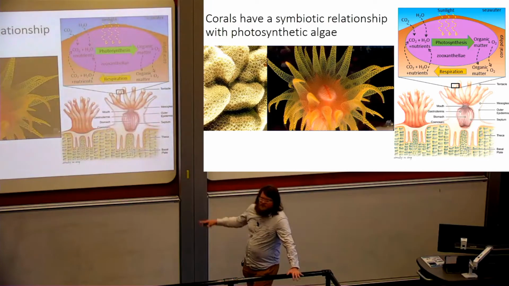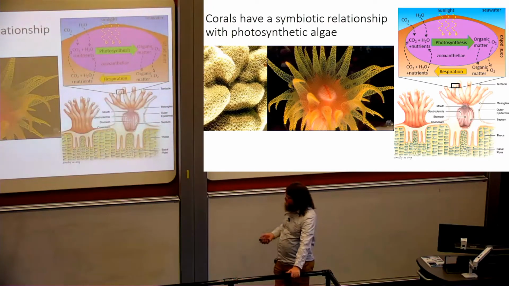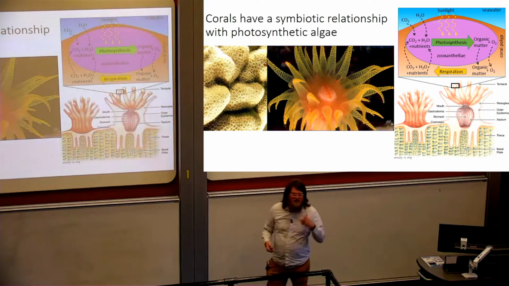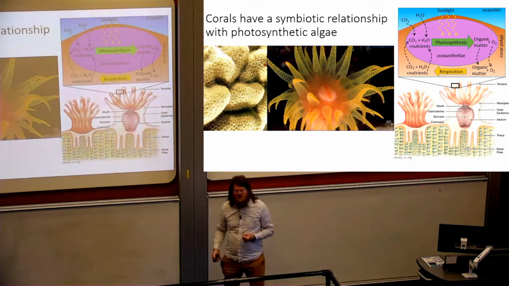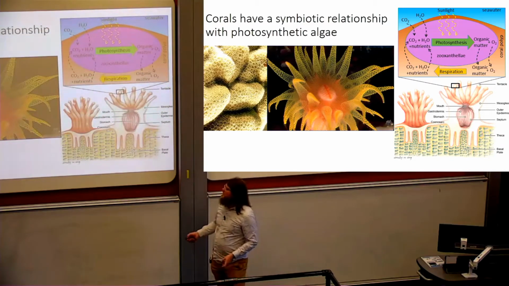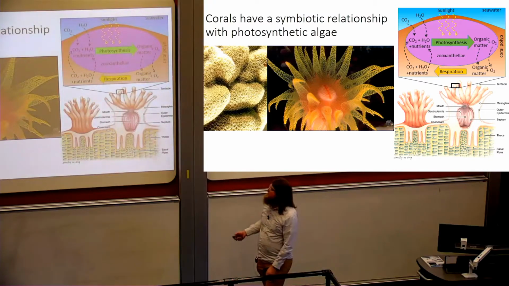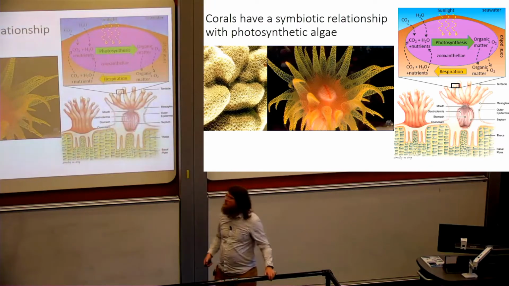So the intro for this lecture involves a bit of background biology of corals. Corals are an animal that's very closely related to jellyfish, and some species of coral, certainly the ones that live near the sea surface, have symbiotic algae that live within the coral organism.